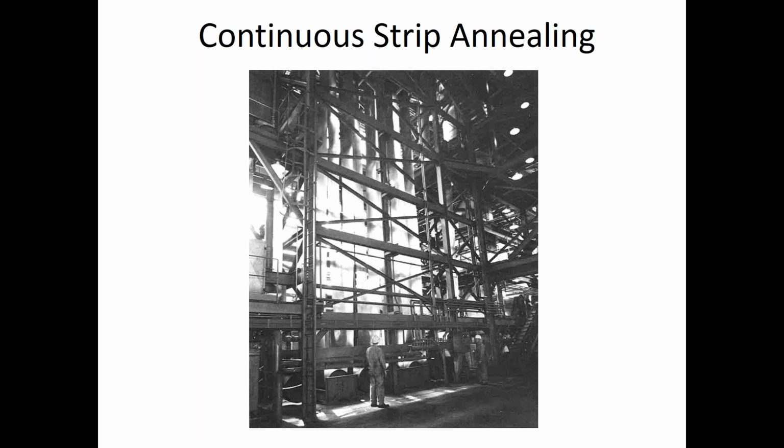And the annealing happens, say, in this highlighted area. There's no furnace around it. It's all atmospheric heated. And you come out and it's relaxed. Brass and copper are done this way many times. It's an expedient way of doing it. Gets things processed faster.